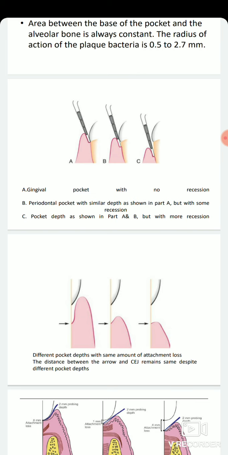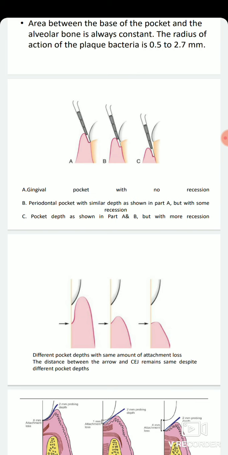Figure B signifies a periodontal pocket of similar depth, that is 3 millimeters, as in part A, but with some amount of gingival recession, whereas figure C signifies the same pocket depth as in parts A and B, that is 3 millimeters, but associated with more gingival recession.